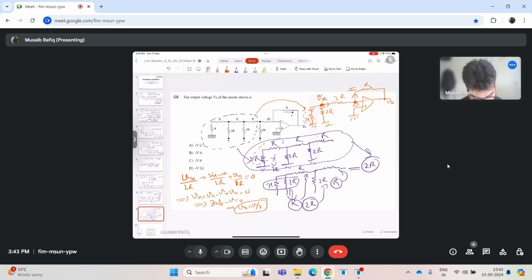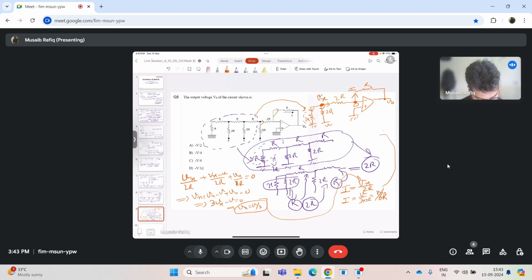That implies Vx is equal to V by 3. Also, I is simply equal to this current that is flowing through here. I is simply equal to Vx by 2R. Vx is V by 3. It is V by 3 into 2R, that is V by 6R.